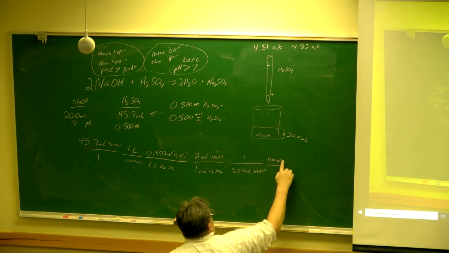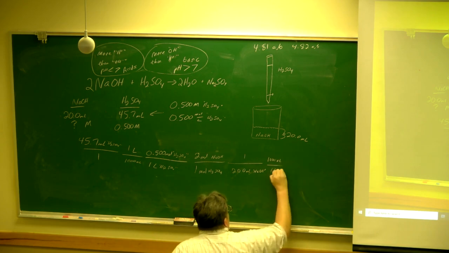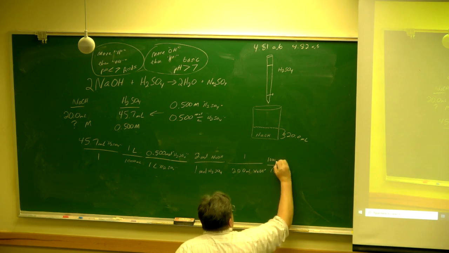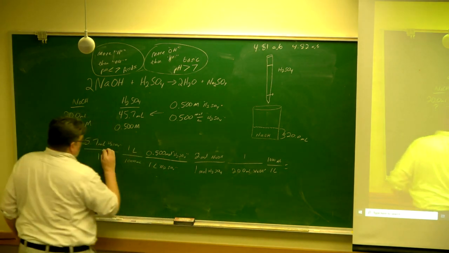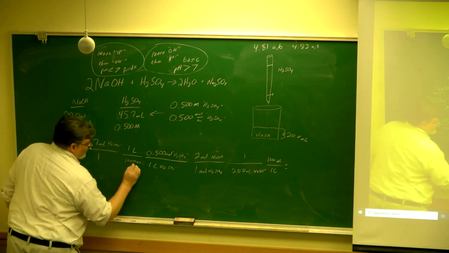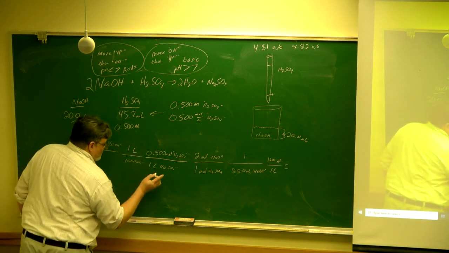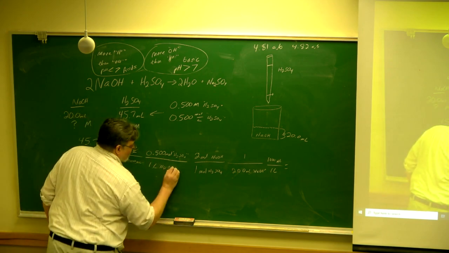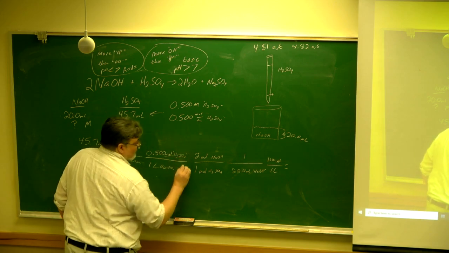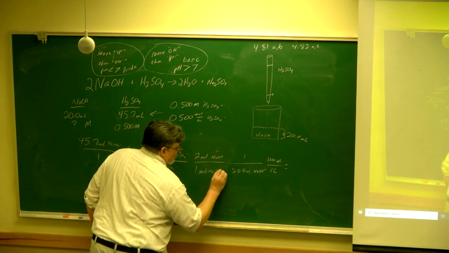This should be NaOH and NaOH, so that's 1,000 milliliters to 1 liter.